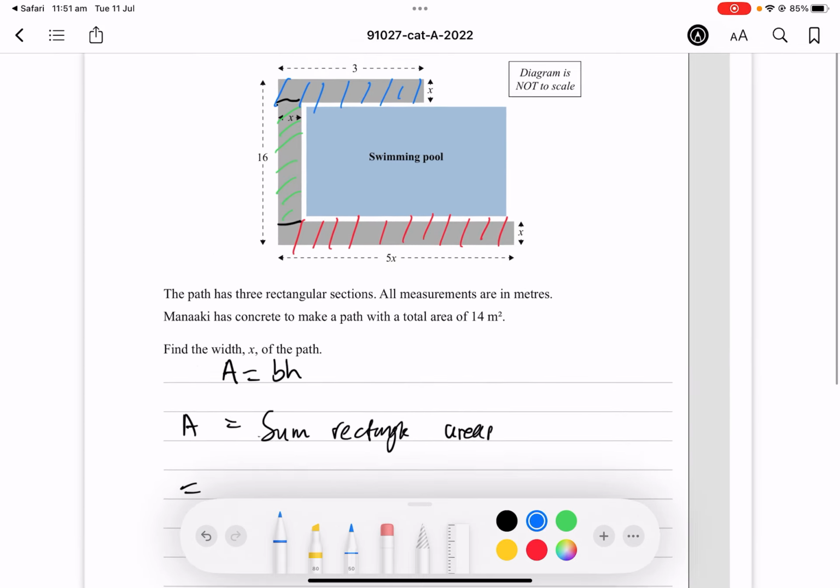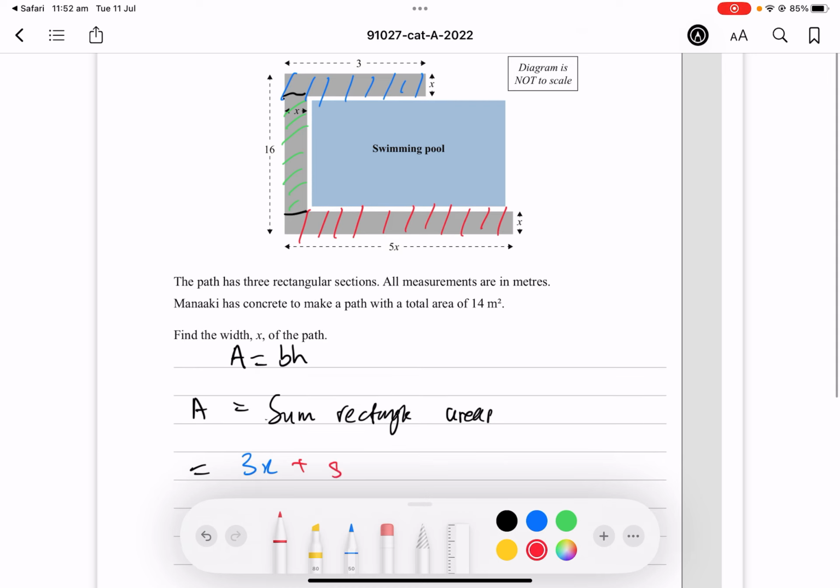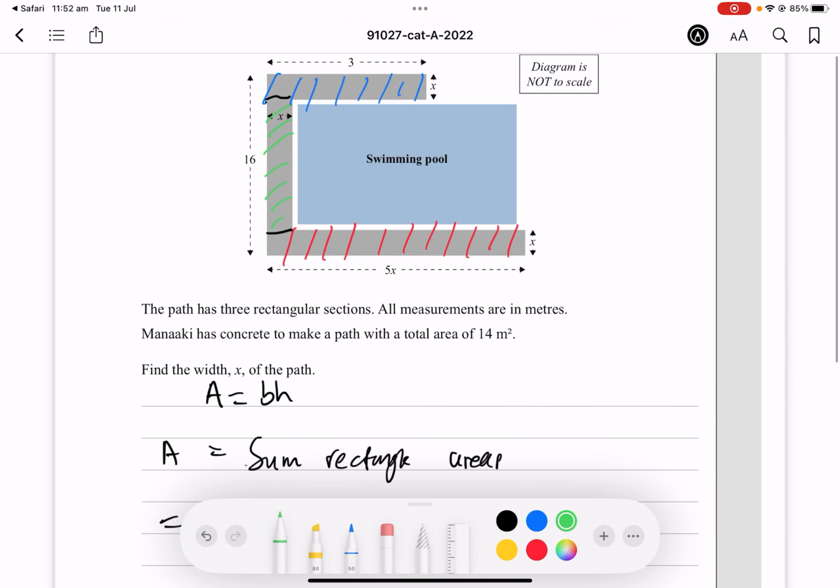So the area is going to be equal to 3 times x. That's going to be the blue rectangle. And we're going to have the red rectangle, which is going to be 5x times x, which is 5x squared. Okay, and we're going to have the green area, which is going to be x, which is the length, multiplied by the height, which is 16 minus x on this side and x on this side.